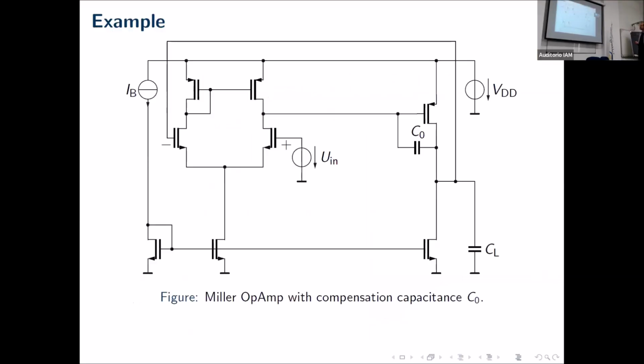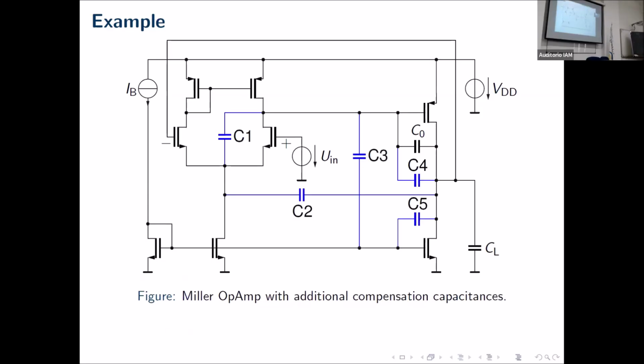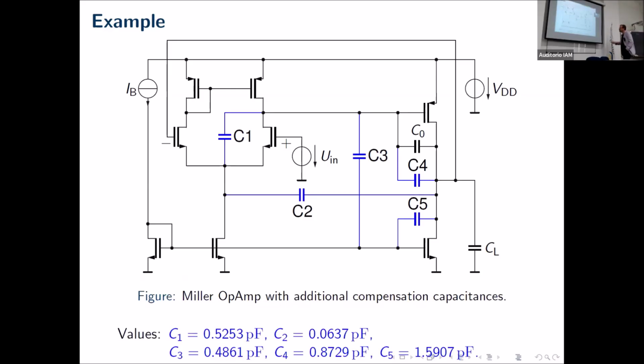Here is an example: a Miller operational amplifier. For us it's not so important what it means. This is one of the examples which is already big enough that you cannot do it by hand. In the end, the idea is to add maybe 5, or I don't know, 500 capacitances, and then your chip or whatsoever behaves better.